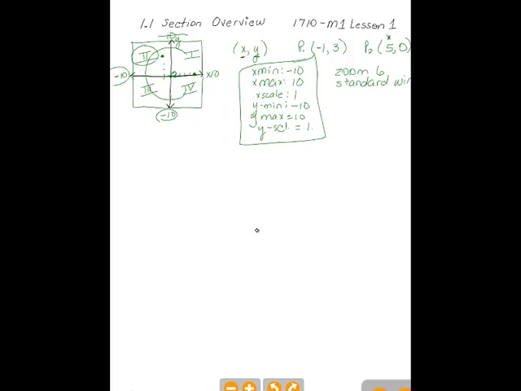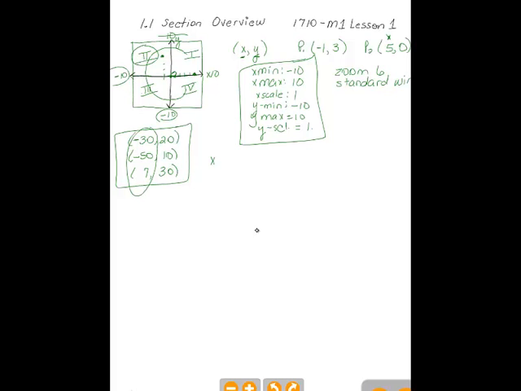Okay, let's say I was trying to plot the following points: negative 30, 20, negative 50, 10, and 7, 30. If I was on the graphing calculator, I would have to have a viewing window where the x-min was at least as small as any of the x values.